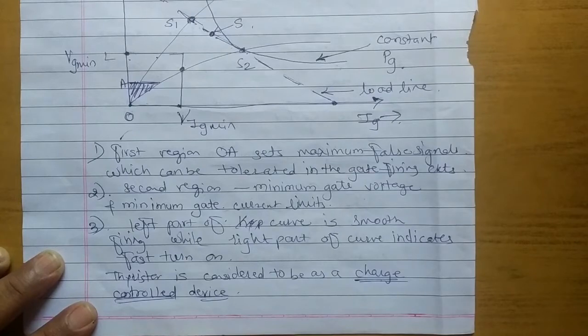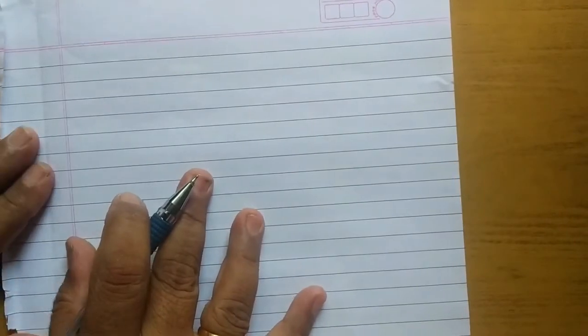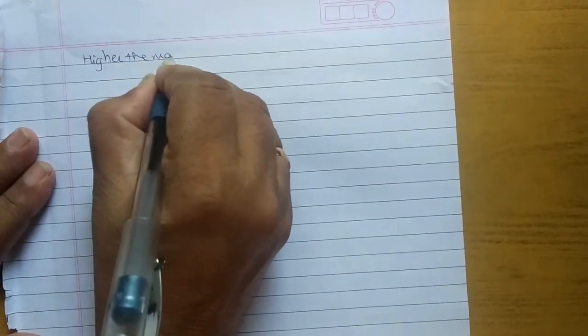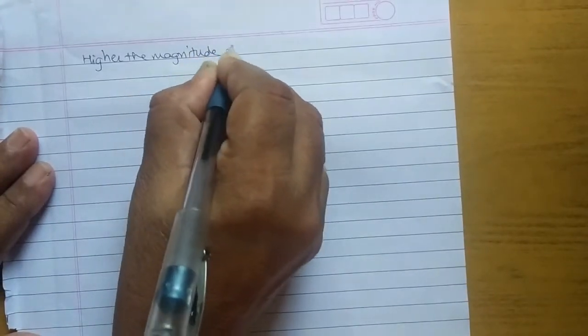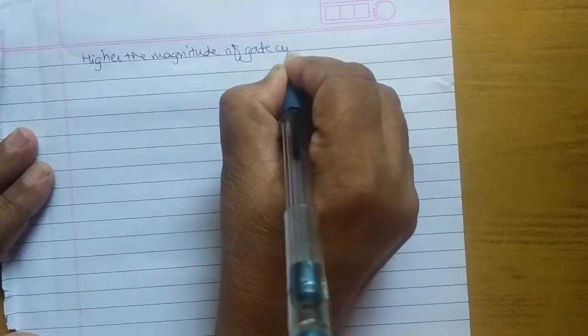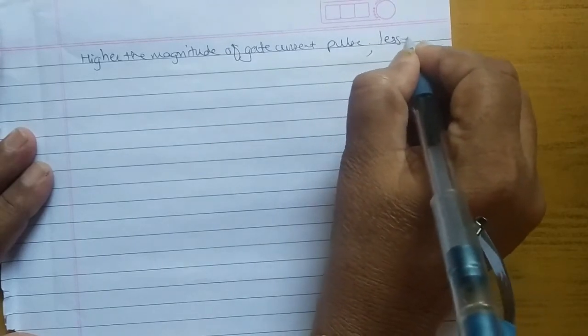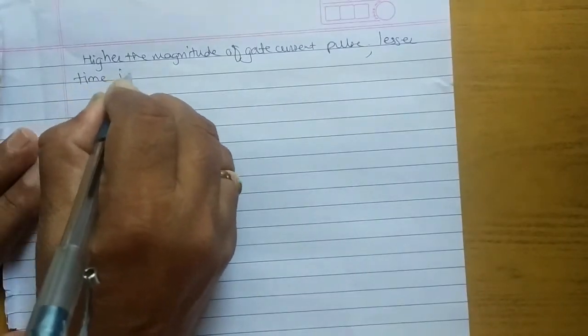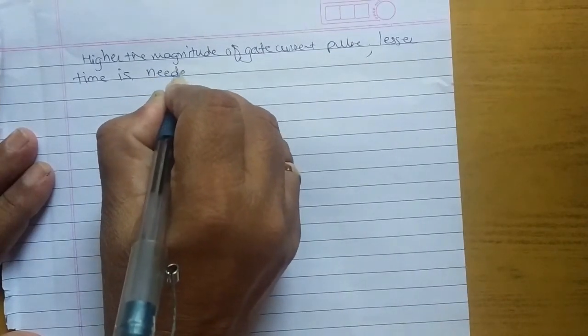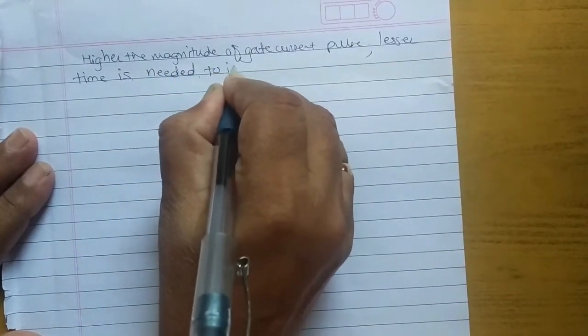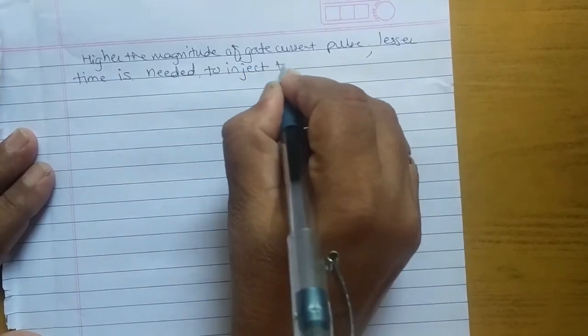Here I can say that the higher the magnitude of the gate current pulse, the lesser time is required to inject the required charge.